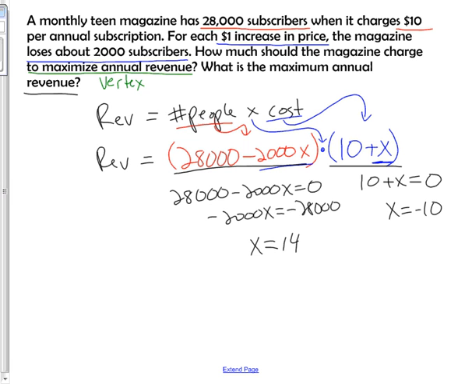So the vertex is going to be midway. Midway between those would be x is 2. Converting that back to the situation, that means a $2 increase would be the maximum revenue producer.